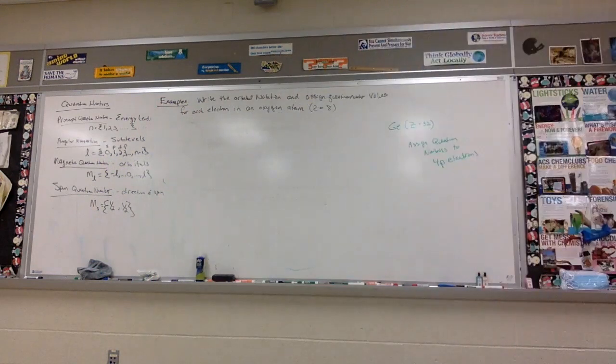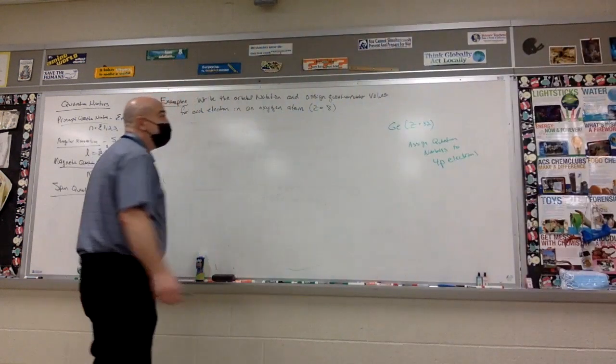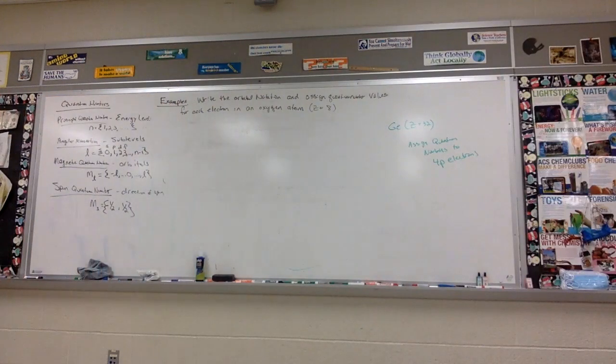So oxygen is number 8 on the periodic table. Its atomic number is 8. That's what that Z means. Z equals 8. Remember, just like when we were doing the mole equations. So what I want to do is write out what we call an orbital notation for each electron in oxygen to represent each electron.